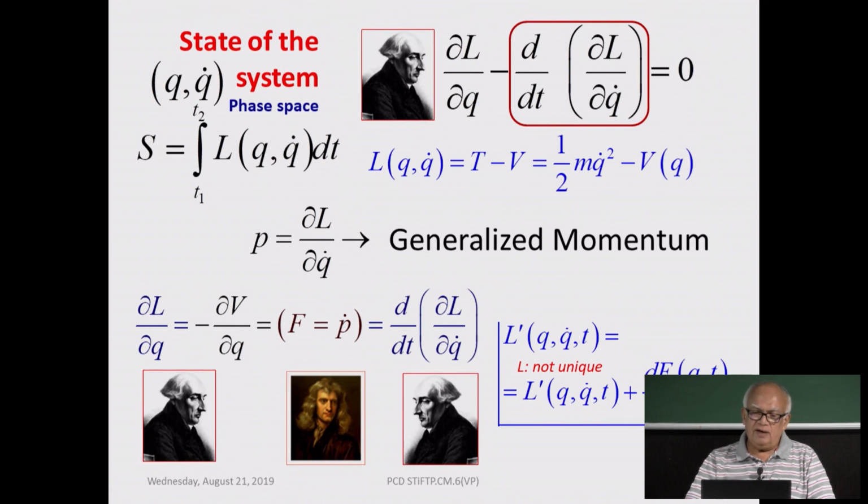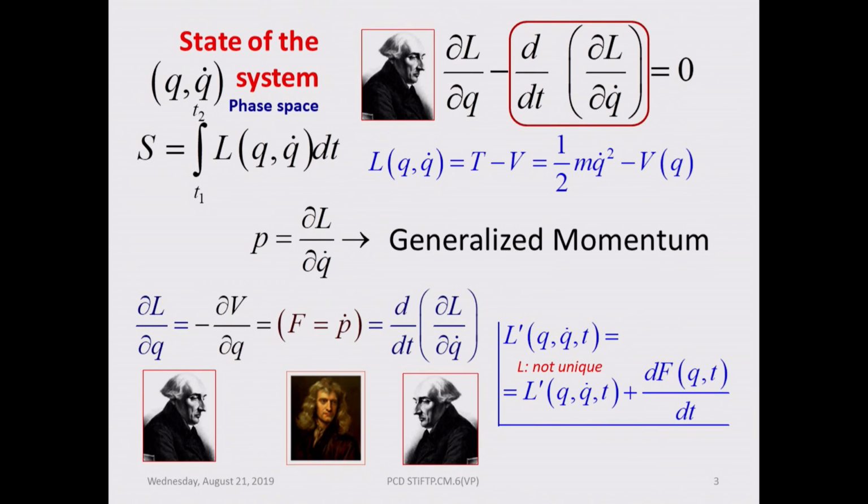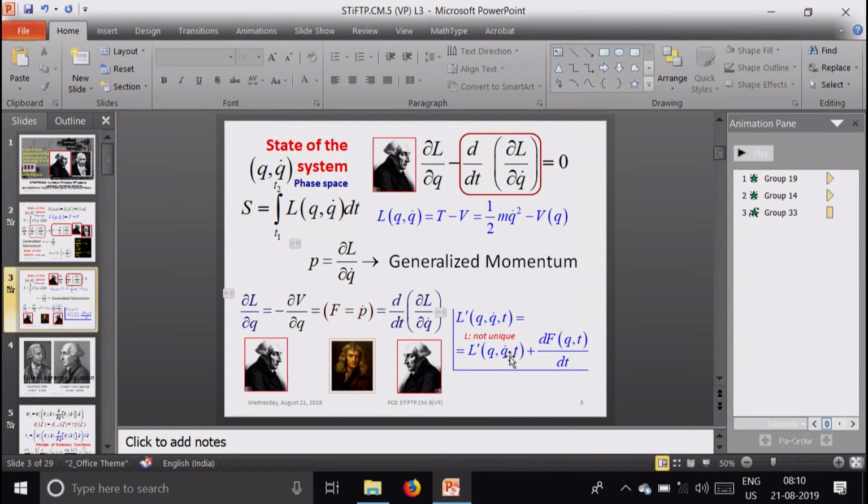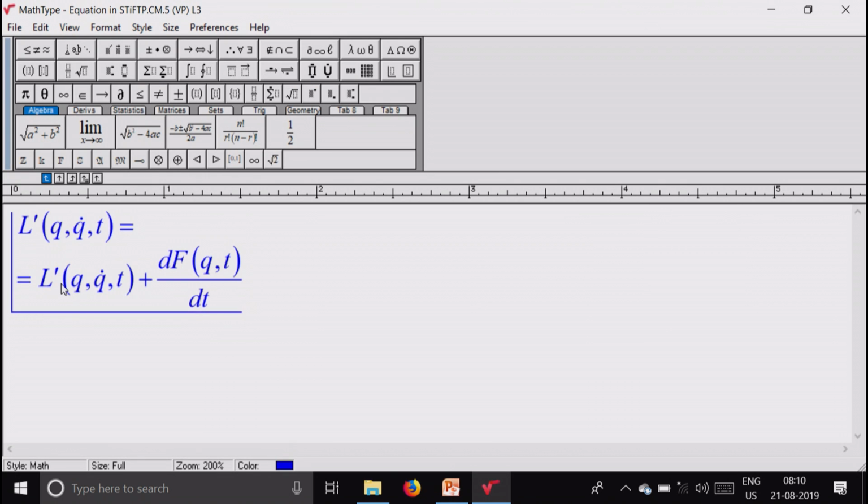So, the Lagrangian, I should alert you, is not unique. You can get the same equation of motion from some alternative Lagrangians. Here is an example: you can write a Lagrangian L prime. I think I need a small correction here, this prime should not be here.